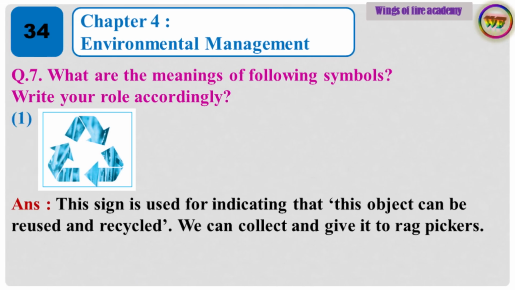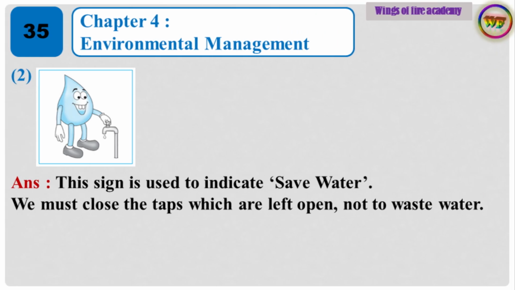Question 7. What are the meanings of following symbols? Write your role accordingly. Sub-question 1. Answer. This sign is used for indicating that this object can be reused and recycled. We can collect and give it to rag pickers. Sub-question 2.